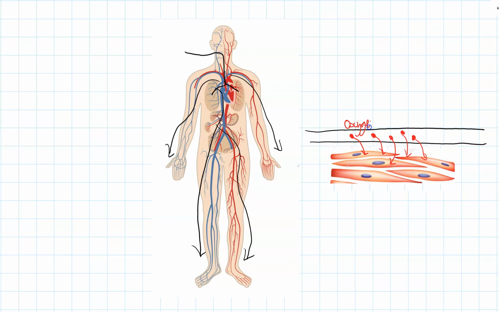Here are our oxygen molecules, and carbon dioxide gets produced as a waste and travels from the cells back into the blood vessels, the veins and the arteries, and then gets carried back to the lungs. The carbon dioxide then goes out of the lungs, back into the trachea, and out of our mouth again, and that's why we breathe out carbon dioxide.